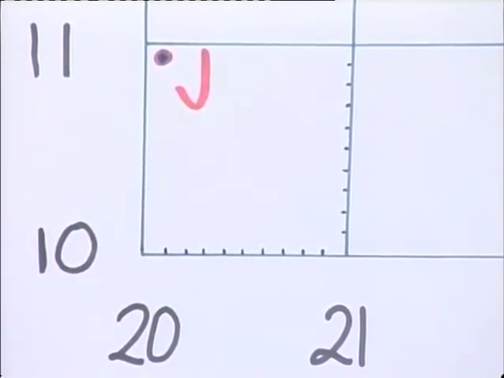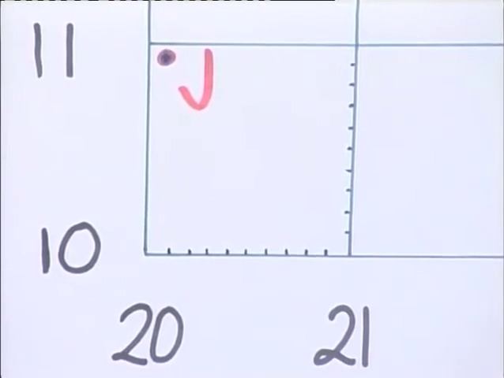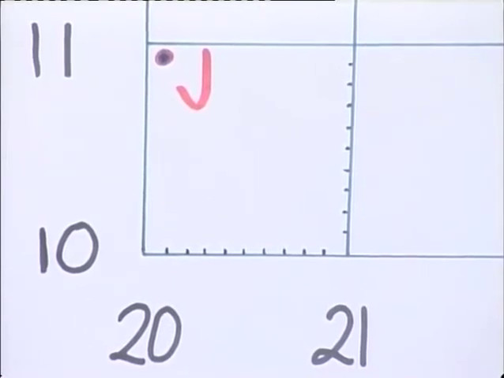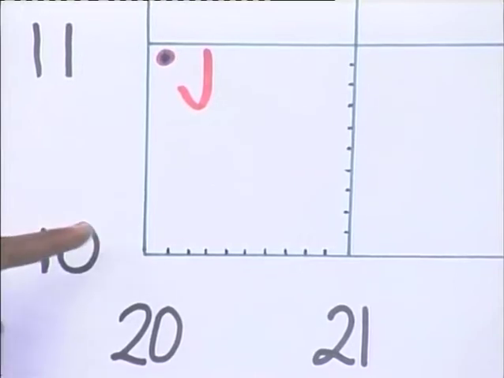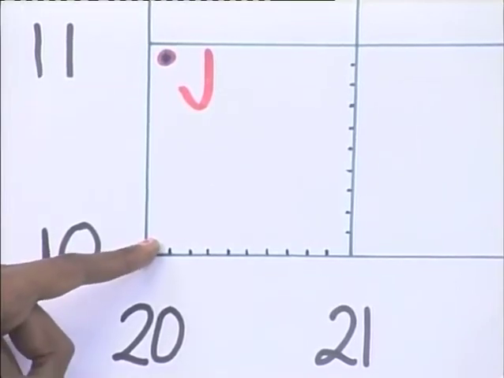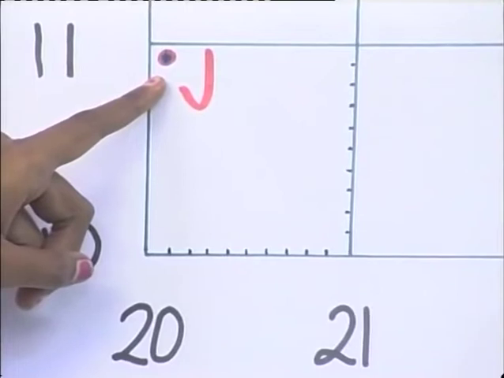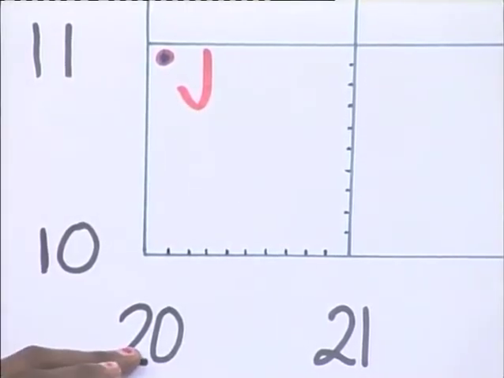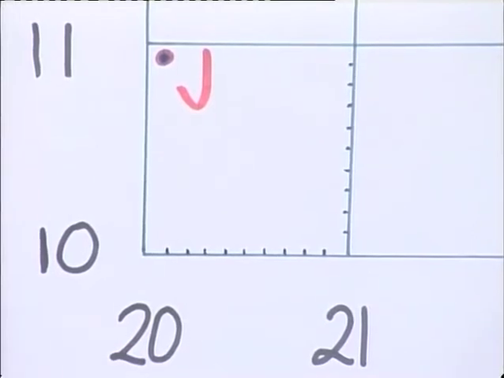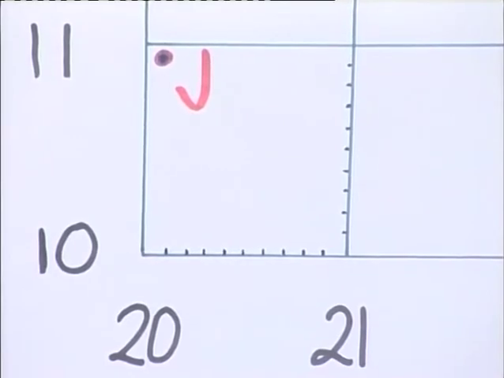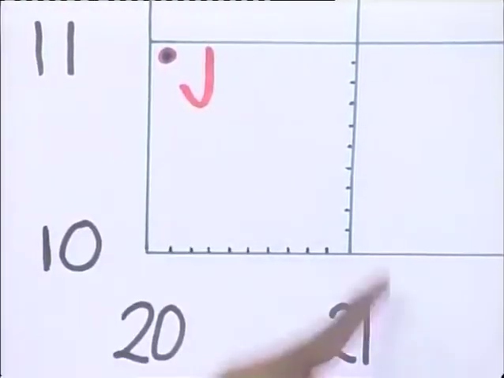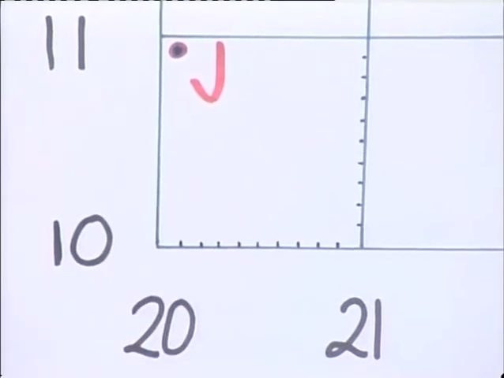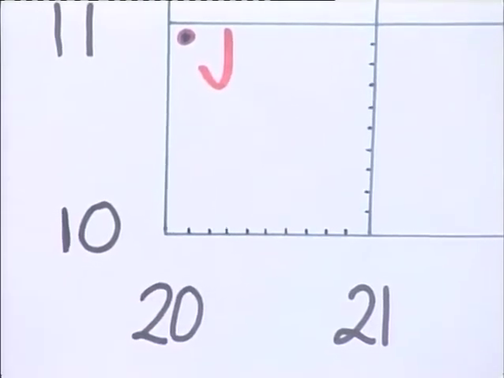Now you look at northing. What's the northing here? 11. Sorry, not 11. I'm very sorry, I made a mistake. It should be 20, because remember, eastings come first. 20, 1 tenth, so 201. Now, northing.